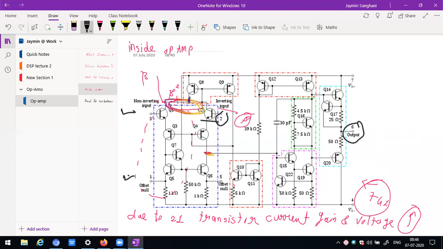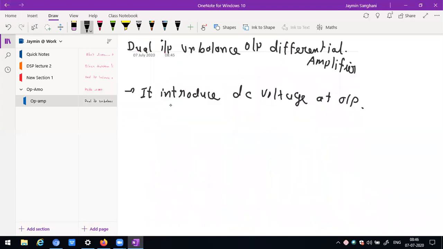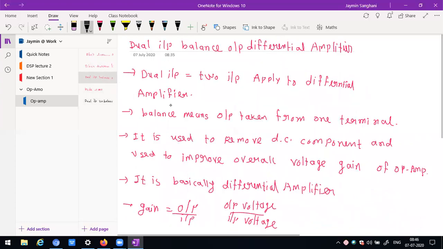When we want to produce DC voltage at the output, at that time the dual input unbalanced output differential amplifier is required. In the dual input balanced output differential amplifier, the DC voltage is 0.